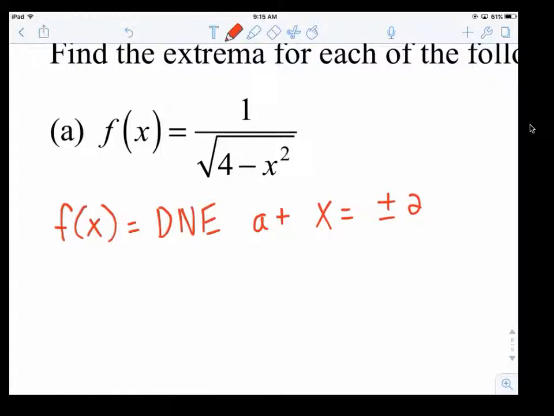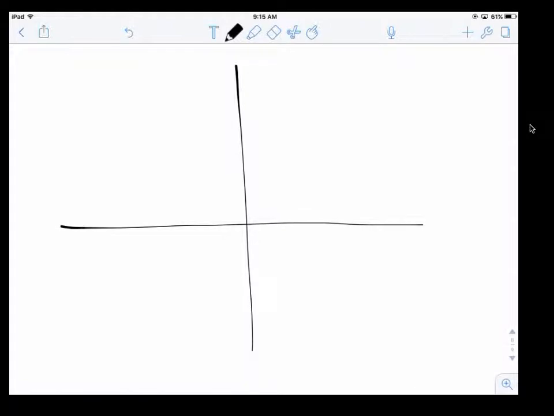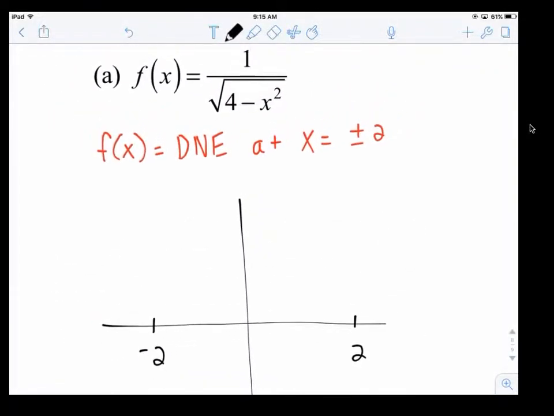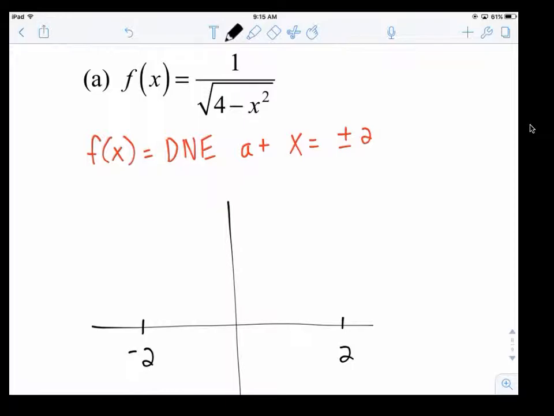So if I draw myself a graph, I got -2 and I get +2, right? So if I plug in +2 and -2 into that equation, what am I going to get? Okay, right. So f of 2 is 1/0.